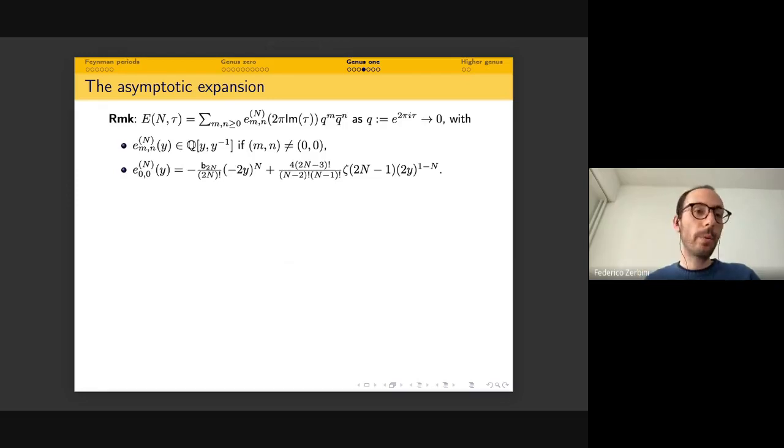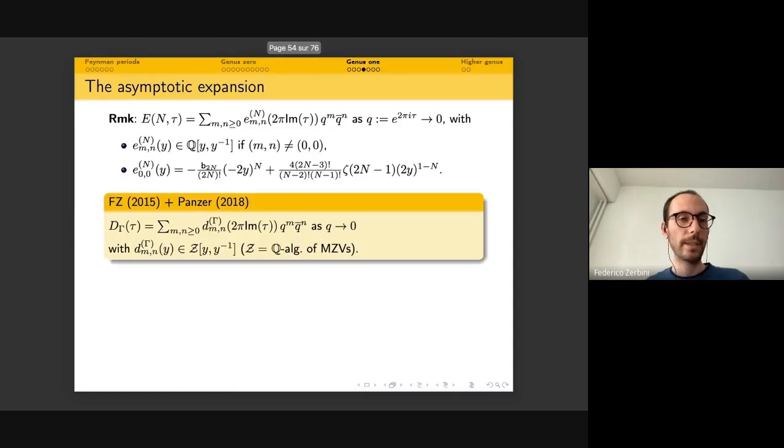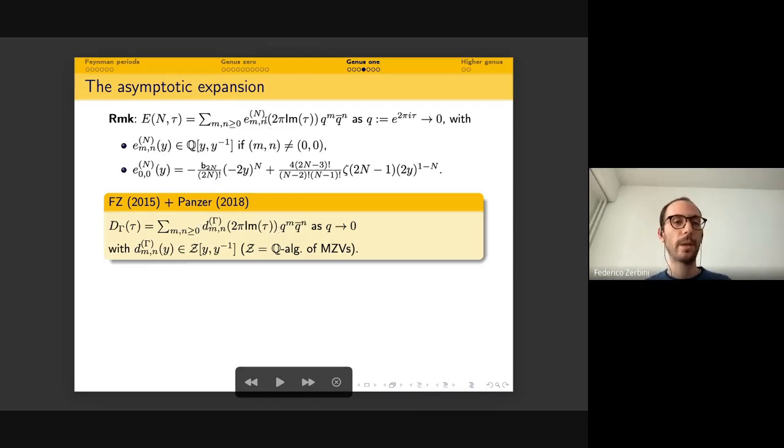And this property of real analytic Eisenstein series generalizes to all modular graph functions and gives very interesting asymptotic expansions. So this is what I studied in my PhD thesis. Combining a theorem of my thesis with a refinement by Eric Panzer in 2018, you can prove that your modular graph function always has an expansion of this kind, like the one of real analytic Eisenstein series, where the coefficients are Laurent series with multiple zeta value coefficients.